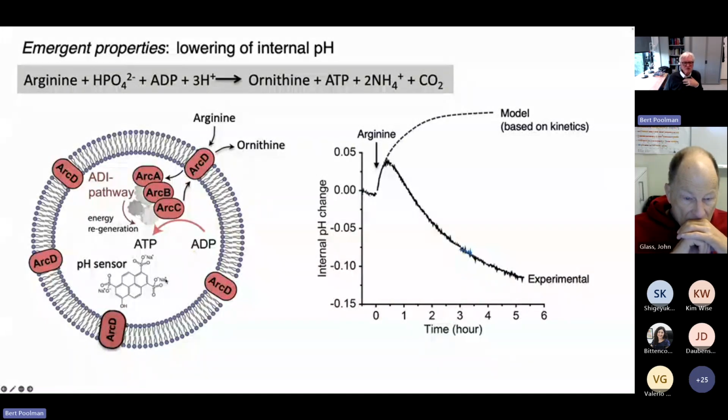So you expect the internal pH to increase, and this is also what you see in the model. But if we look at it experimentally using this fluorescent pH indicator, then we see that there is an initial increase in pH, but then there is a drop. And that has been puzzling us.